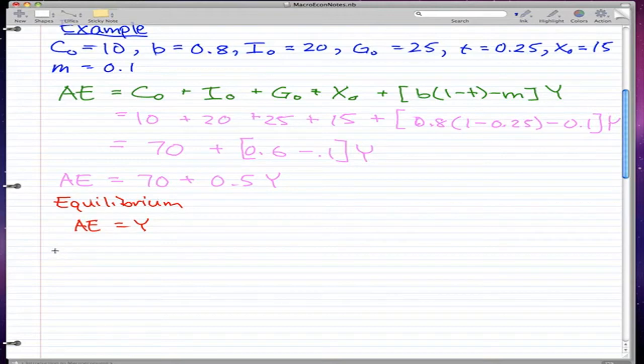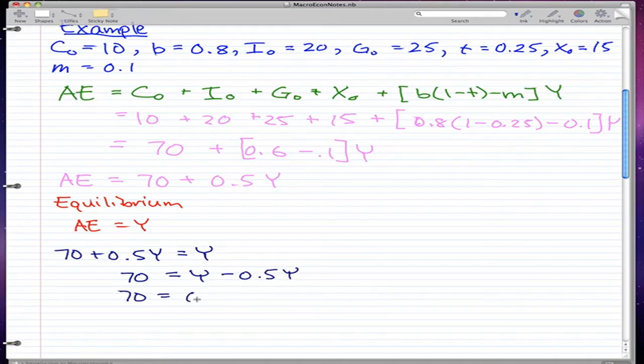AE is equal to 70 plus 0.5 Y equals Y. Now we can bring over the 0.5 Y to have 70 equals Y minus 0.5 Y, which is 70 equals 0.5 Y. And if we divide both sides by 0.5, we result in Y equals 140.